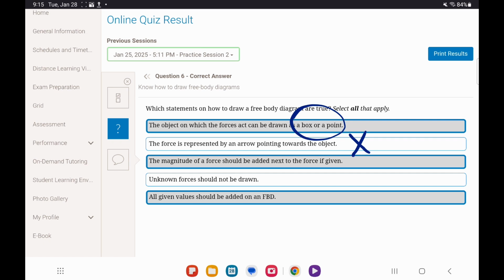Magnitude of a force should be added next to the given force if given. Yes, because if you have a force, you should always give the magnitude with it. Unknown forces should not be drawn? No, all forces should be drawn if known, so this is also wrong. All given values should be added on an FBD. Yes, FBD stands for free body diagram, by the way.